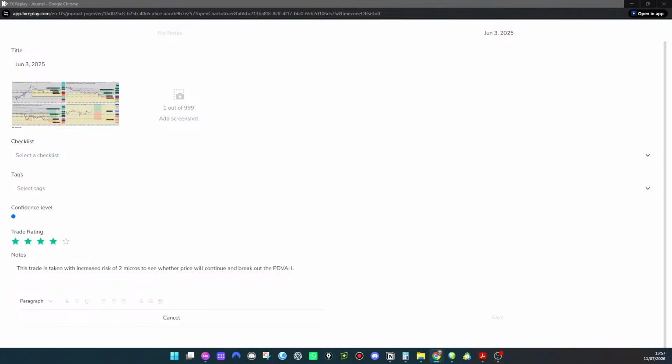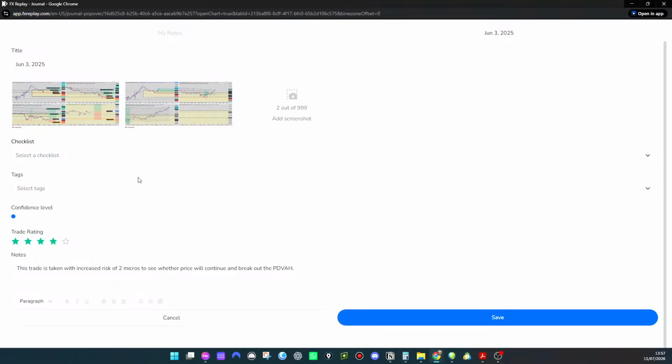This one was just going to expand a little bit, it's obvious. The screenshot, that's the after screenshot. Result, no, after trade.